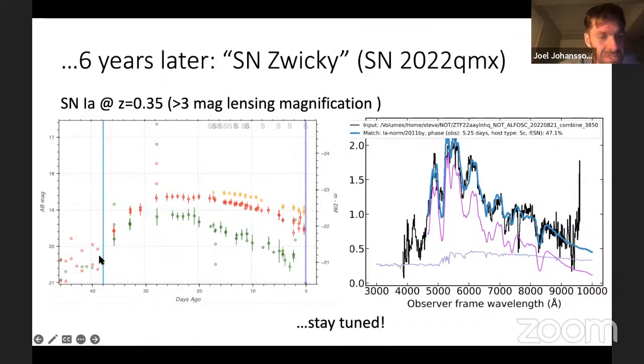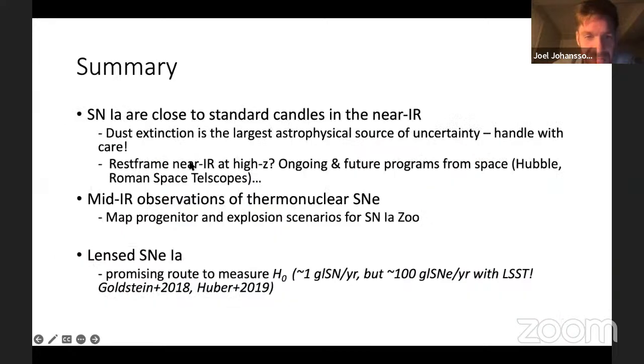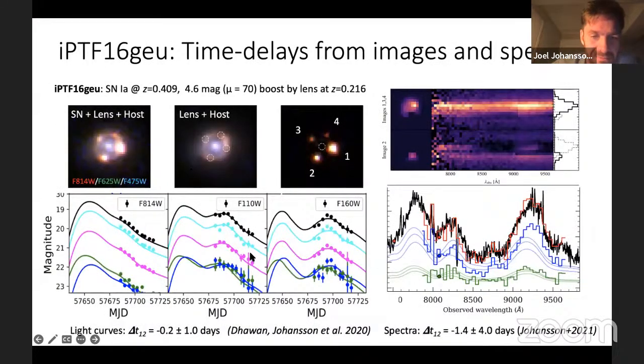In principle, we could have caught it before it reached its peak, but we were on vacation, so we missed the first peak. But since we're in the infrared, we have this secondary peak, so we get a second chance. So what we're trying to do now is to sample this secondary bump.